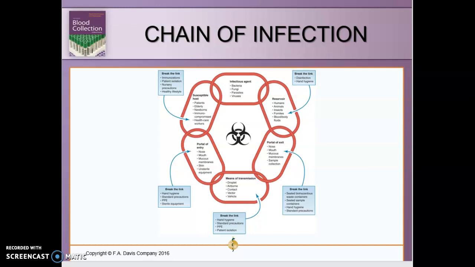Then you have means of transmission, which are droplet, airborne, contact, vector, and vehicle. Then again, you have a portal of entry: the nose, mouth, mucous membrane, skin, or unsterile equipment. And then you have the susceptible host, which could be your patient, an elderly patient, a newborn, an immunocompromised patient, or a healthcare worker.